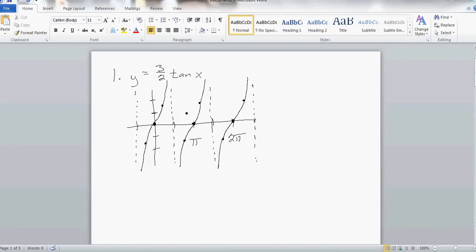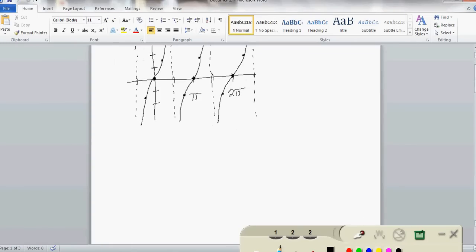Notice each of the bars have the same general look. And so what I'd be looking for, making sure that you get the zeros in the right spot and that you have this at the appropriate level, at, in this case, 3/2 and negative 3/2.